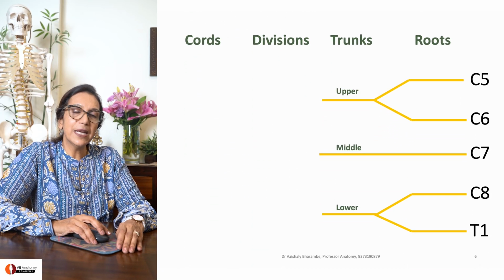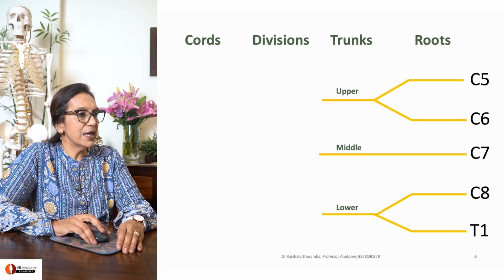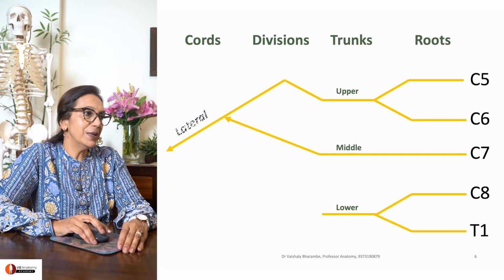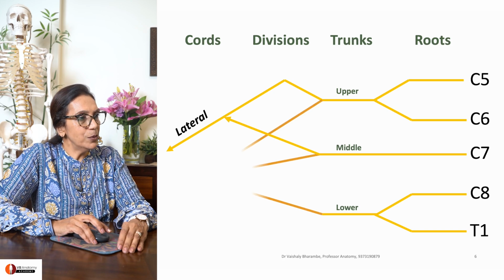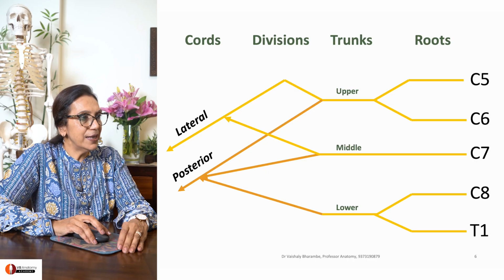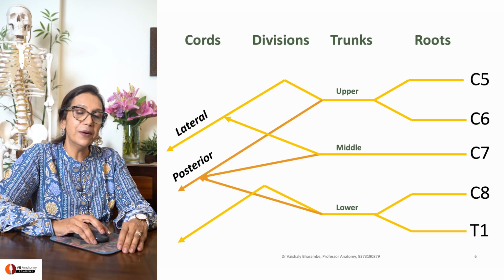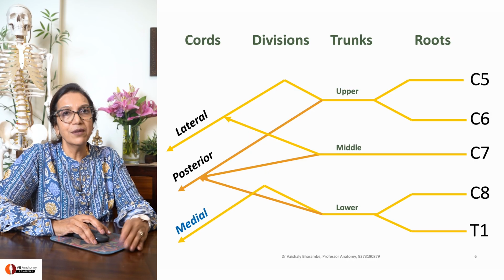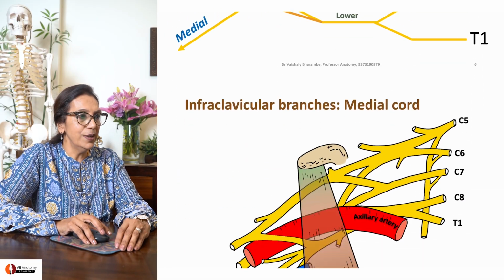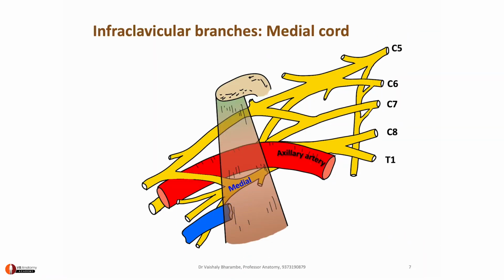So, we are at the brachial plexus, and you can see how the anterior divisions of upper and middle trunk form the lateral cord. All posterior divisions form the posterior cord, and the anterior division of the lower trunk forms the medial cord. We know that. Focusing our attention on the medial cord, here is your medial cord.